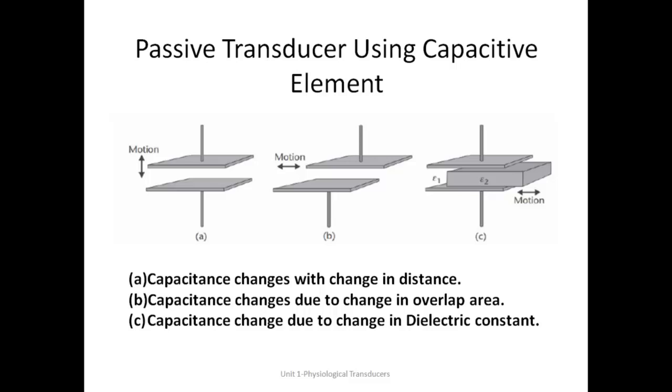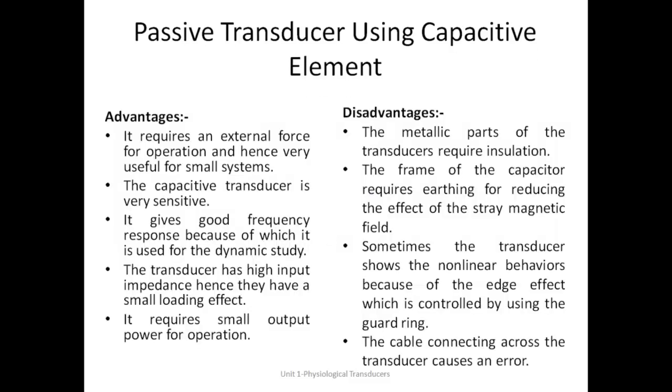So these are the three basic methods with the help of which we can measure a physical quantity with a capacitive element. There are a lot of advantages as well as disadvantages of using a capacitive element. Let us look at the advantages first. It requires small external force for operation and is very useful for small systems. A capacitive transducer is very sensitive.